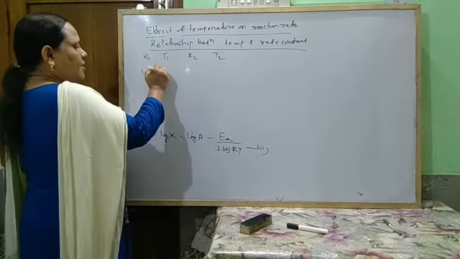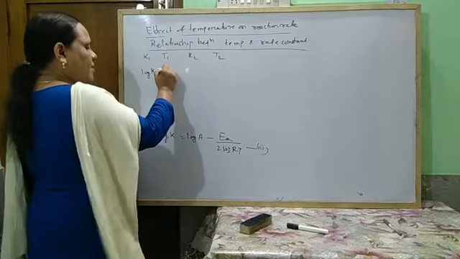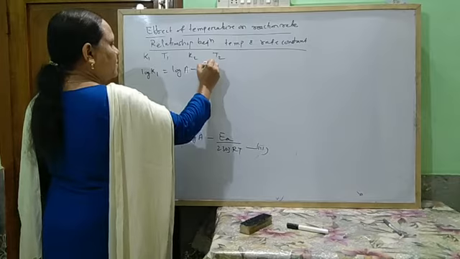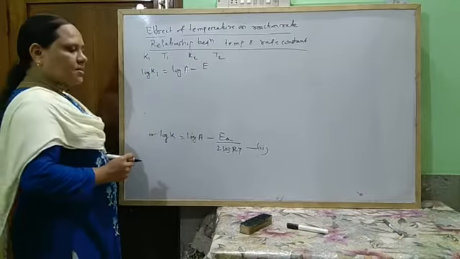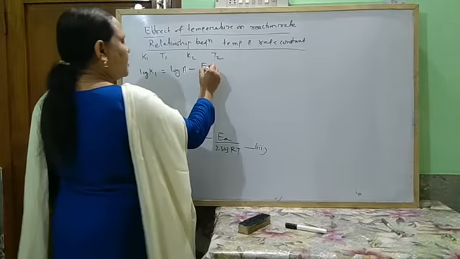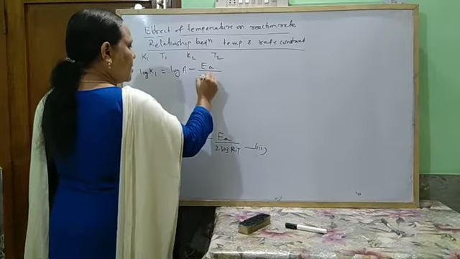So what we get? Log k1 equal to log A minus Ea by 2.303 RT1. For a particular reaction this frequency factor is constant and the activation energy is also constant.